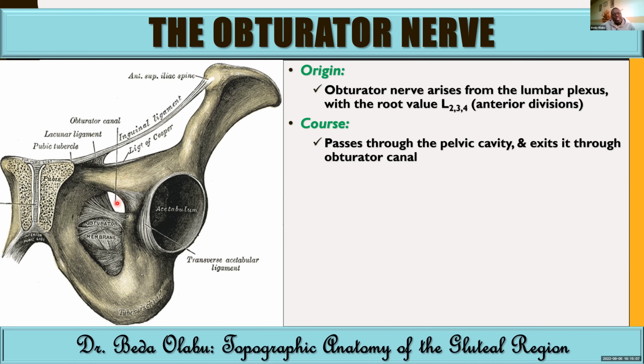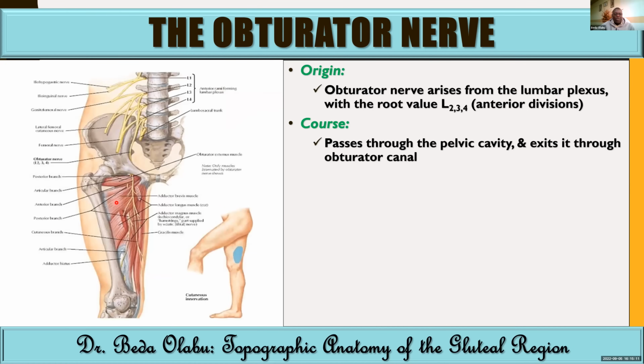So the nerve exits the pelvic cavity through this space to enter the medial aspect of the thigh, as you can see it. Usually as it enters that way, it will have now divided into two divisions, the anterior division and the posterior division of the obturator nerve. So two divisions enter the medial aspect of the thigh.